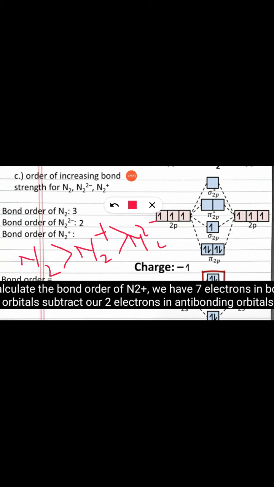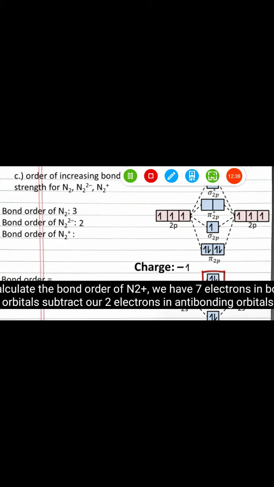N2 shows the maximum bond order, that is 3, then 2.5, then 2. In this way we calculate the bond order of any homoatomic molecule by the MO diagram method. So this is the method to find the bond order of any molecule, or you can say ion.